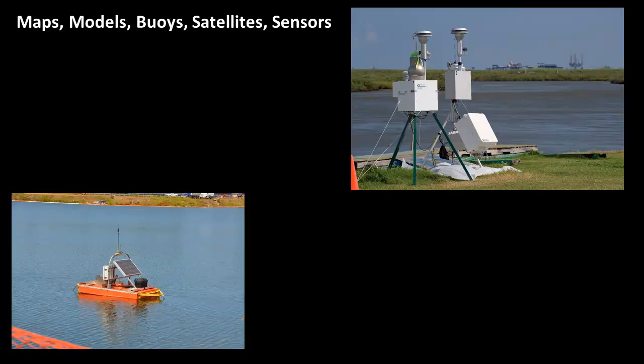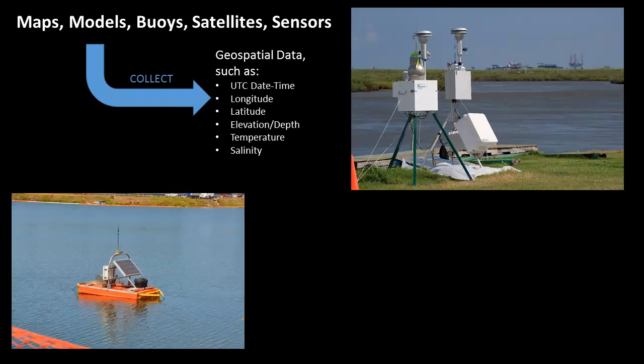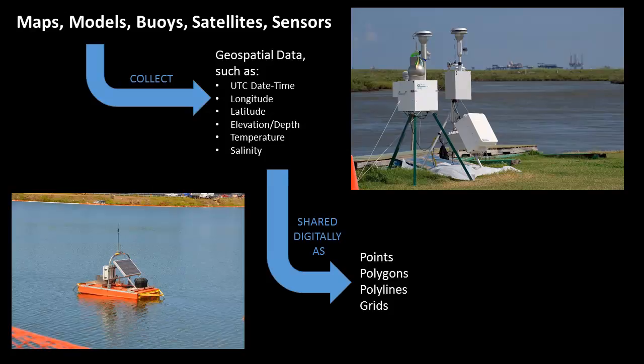The types of geospatial data collected from these sources include UTC date-time, longitude, latitude and elevation or depth coordinates, and measured or modeled values such as temperature and salinity.